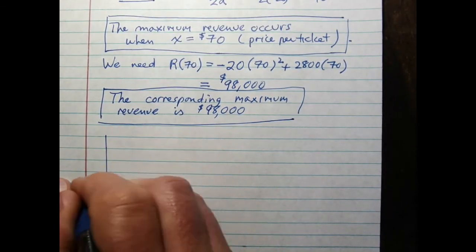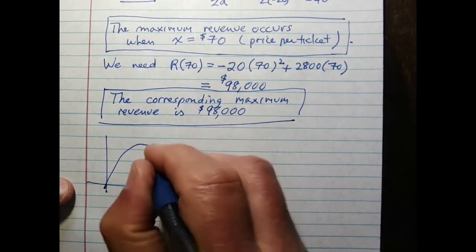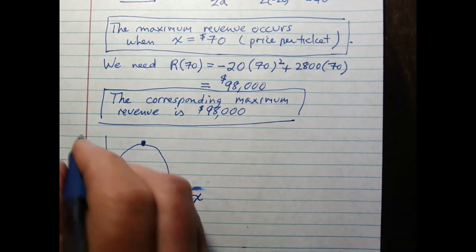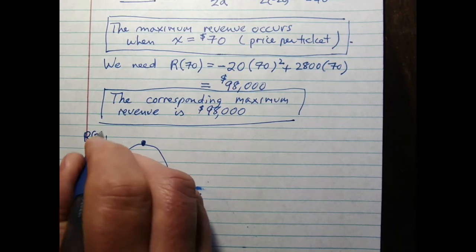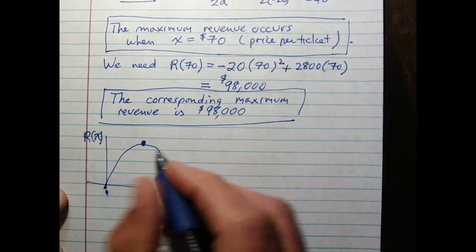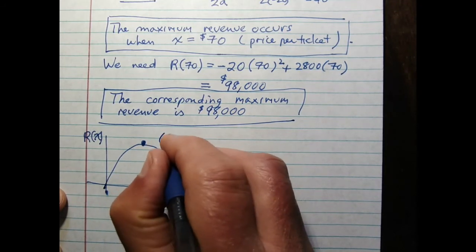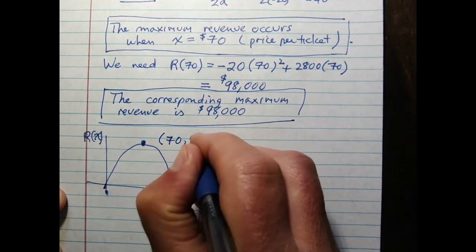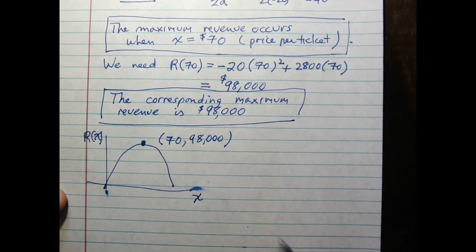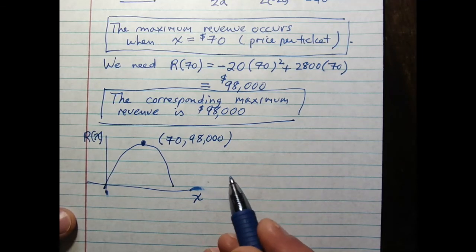So on our graph, this vertex point where the horizontal axis is x and the vertical is revenue, these are both dollar amounts. This point is (70, 98,000). And in this picture, we don't have the number of tickets sold.